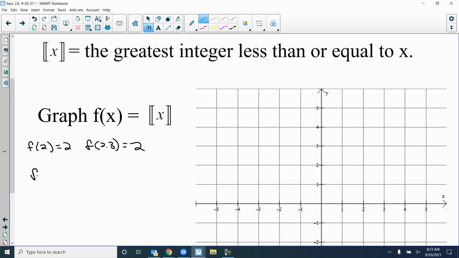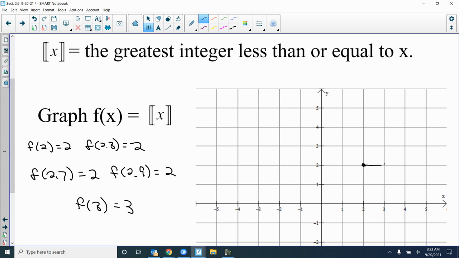What's f of 2.7? Be careful here. What is the integer less than or equal to 2.7? 2. You don't automatically round. What's f of 2.9? That is 2, but what's f of 3? 3. That becomes a 3. So how do we graph that? At 2, we get back 2, and everywhere in between 2 and 3 it comes back 2.